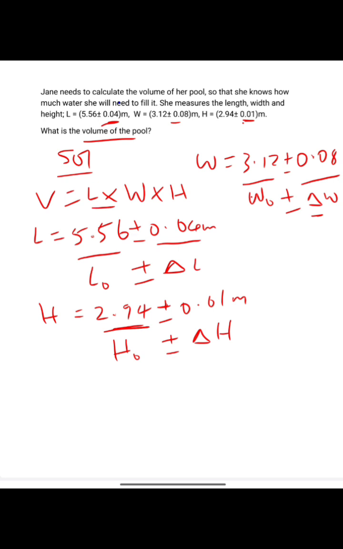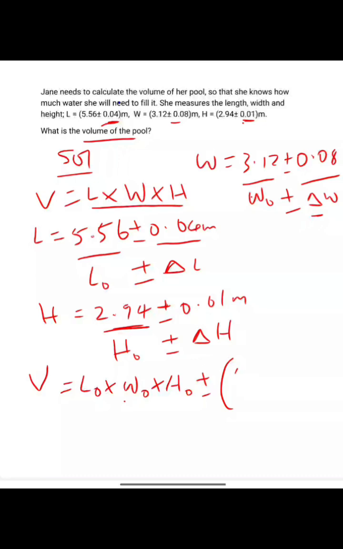Now, there is a formula we use to find this. The volume is gotten by multiplying the experimental value of the length, L sub 0, by the experimental value of the width, W sub 0, then also by the experimental value of the height, h sub 0. Then you put the uncertainty. Now let me show you how to get the uncertainty in the volume, because this volume will also carry uncertainty.